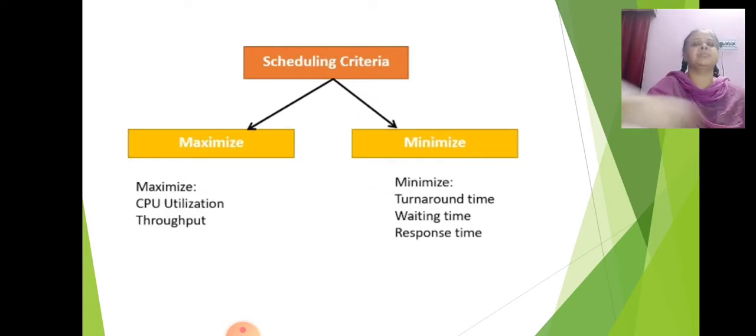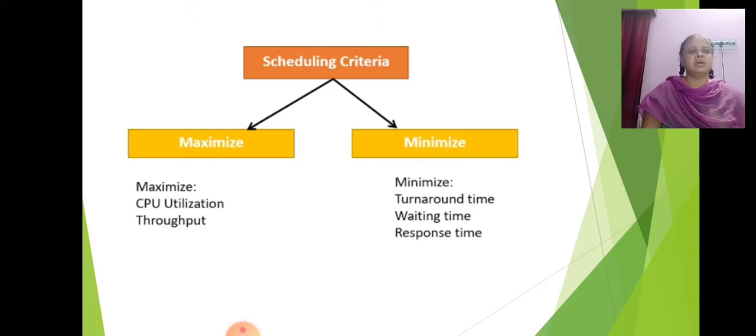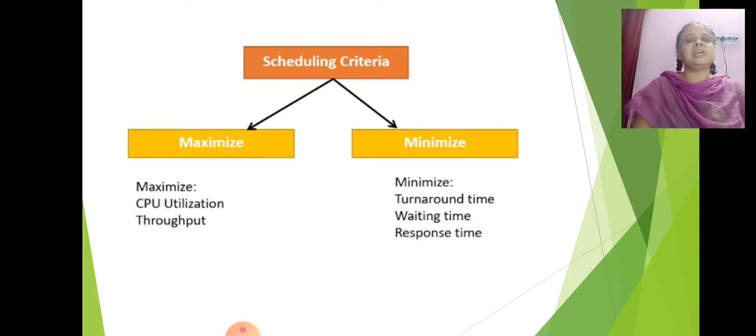So now there are some scheduling criteria. Whenever CPU scheduling is being done, scheduling criteria are kept in mind. In the slide you can see, in scheduling criteria we need to maximize CPU utilization and throughput and minimize turnaround time, waiting time and response time.